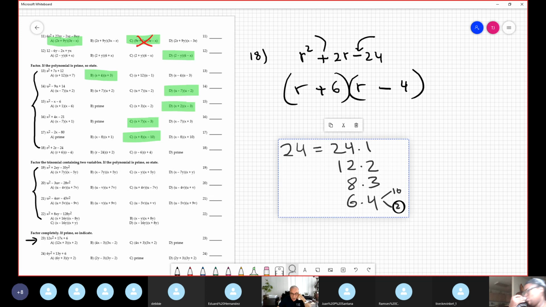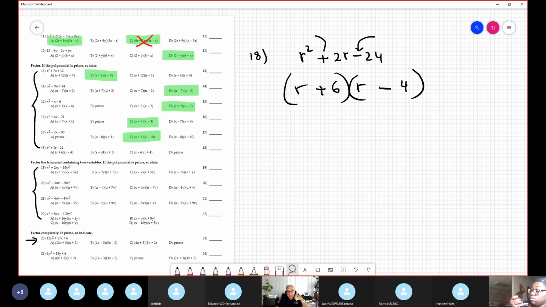Mandatory checking. The trinomial is tricky. In this case, we see an elementary example so far. But I promise, I guarantee you that you will enjoy doing trinomials. So r times r is r squared. This time r times -4 is minus 4r. 6r positive and -24.